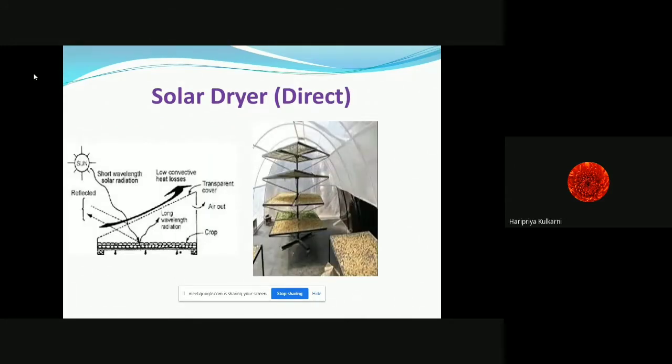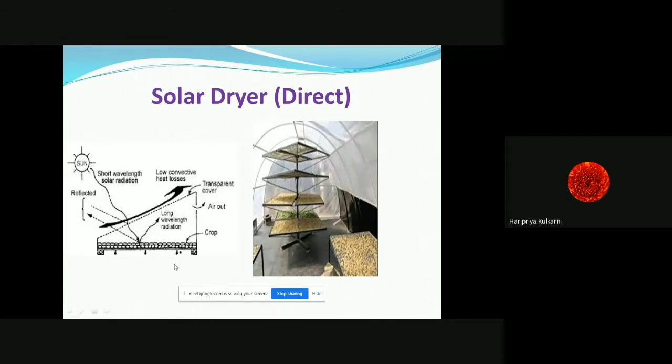Okay. So this is a solar dryer with a direct type of a method. As you can see in the figure, this is the arrangement. Okay. So this is a transparent cover on which solar radiations will fall on. Now some of the solar radiations will get reflected back and some of the solar radiations will get absorbed.